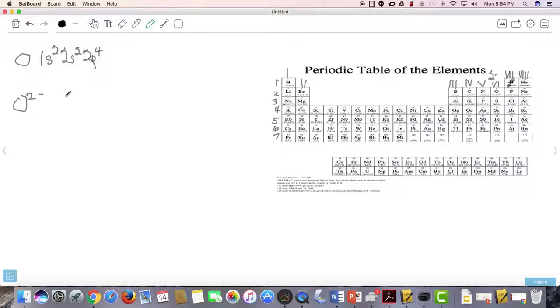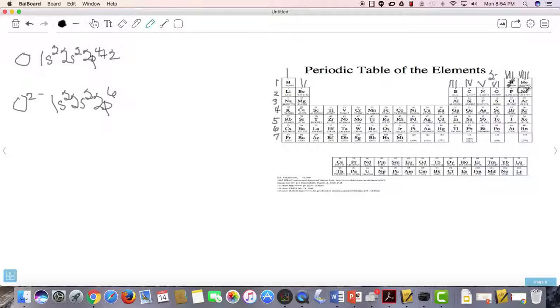So let's first write the electron configuration for oxygen ion. So it becomes 1s2, 2s2. So it's going from 2p4. If it gains 2 electrons, that becomes 2p6. 6 plus 2 equals 8. 8 plus 2 equals 10.